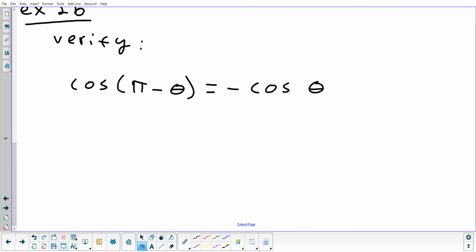Can someone remind me, how does the cosine difference formula start out? It starts out with cosine alpha minus beta.